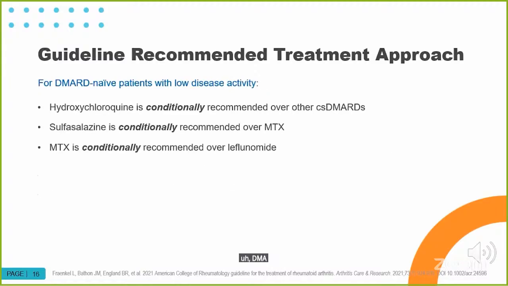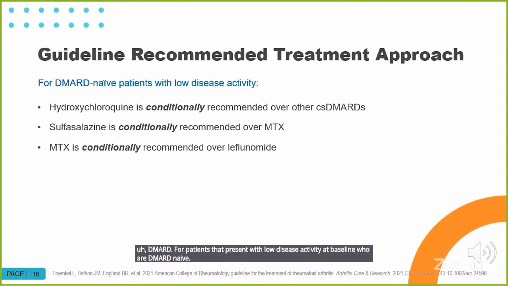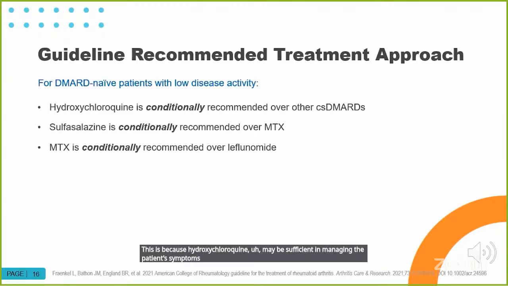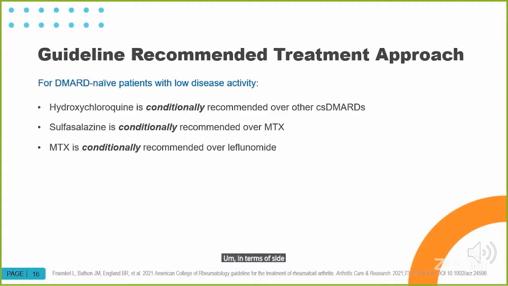For patients that present with low disease activity at baseline who are DMARD naive, hydroxychloroquine is conditionally recommended over other conventional synthetic DMARDs, including methotrexate. This is because hydroxychloroquine may be sufficient in managing the patient's symptoms, and hydroxychloroquine is considered to be more benign, for lack of a better term, in terms of side effects compared to methotrexate.